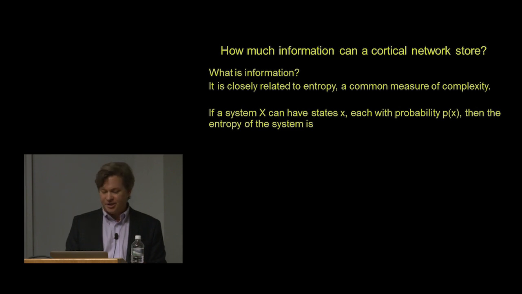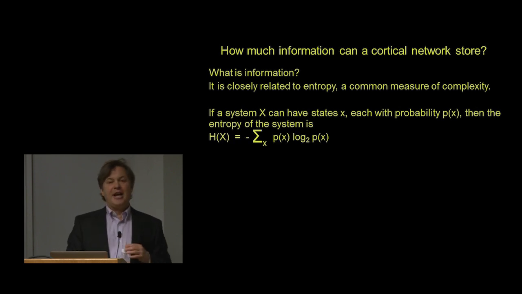Then the entropy of a system is, we have a few equations here, entropy, H(X), with X being the system, is minus the sum over all x, x being all states, of the probability of x times log base 2 of the probability of x.